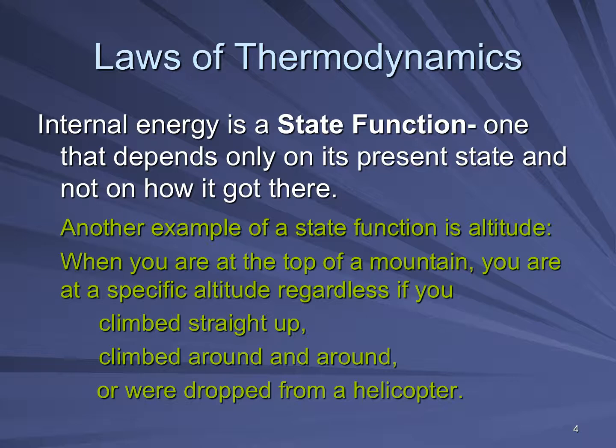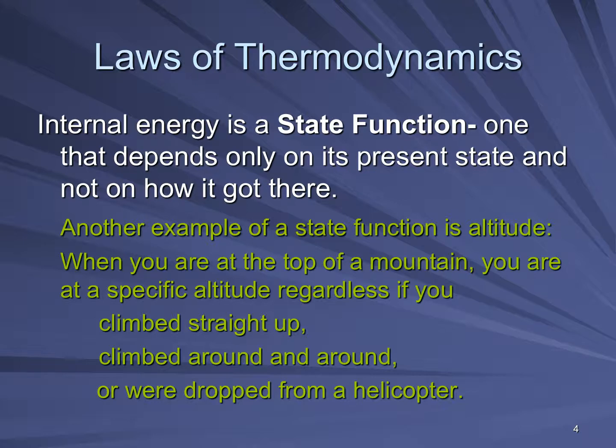So internal energy is a state function, one that depends only on its present state and not how it got to that state. An easier example for understanding a state function would be altitude. For example, if you were standing at the top of Mount Rogers, 5,700 feet high, you're at 5,700 feet altitude.